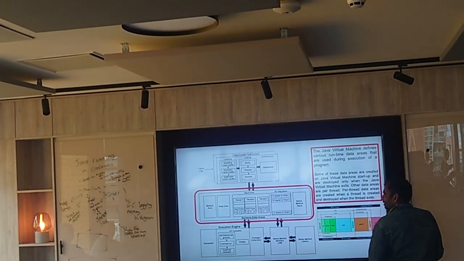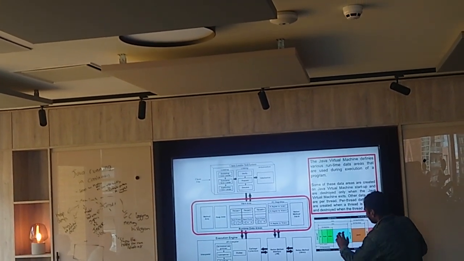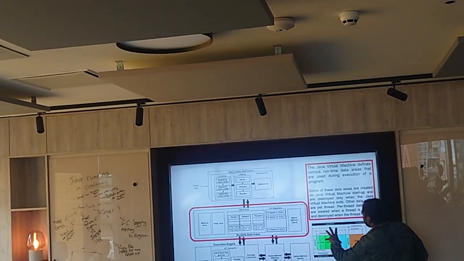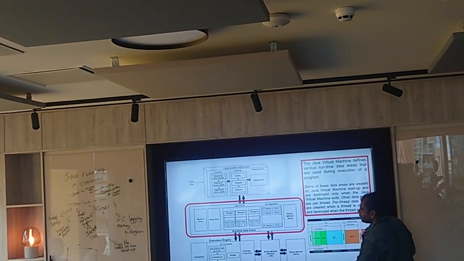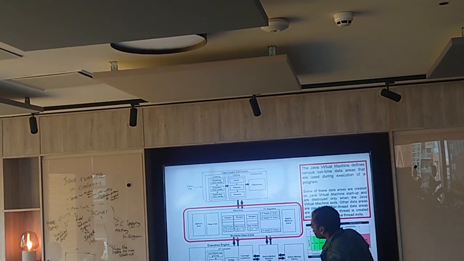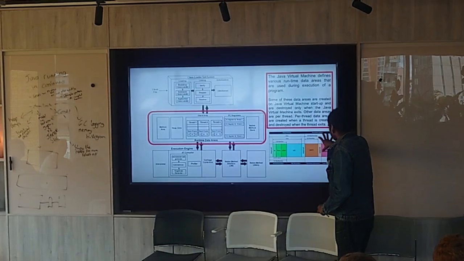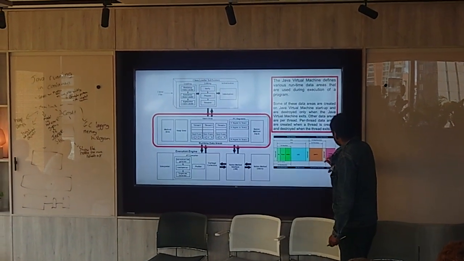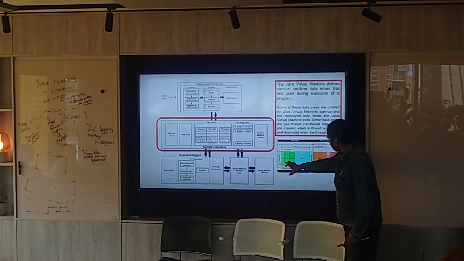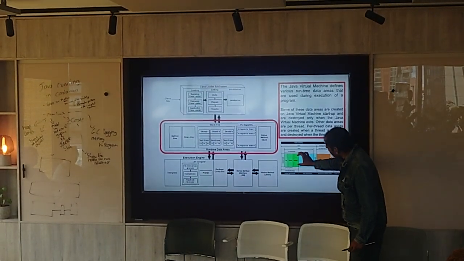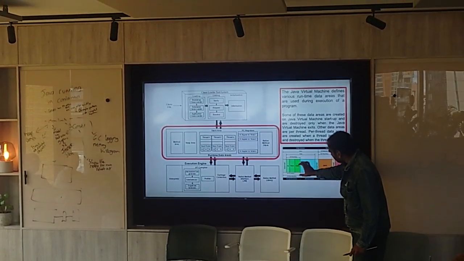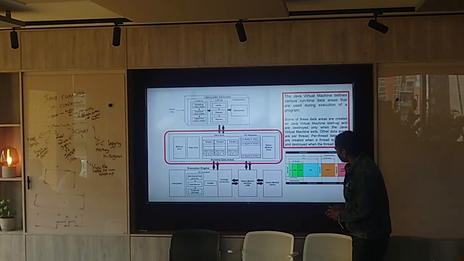In the previous discussion we also saw the heap memory. Heap is used basically for dynamic object creation, and this is non-heap memory, and code cache. And here, Eden is for the newly created objects.